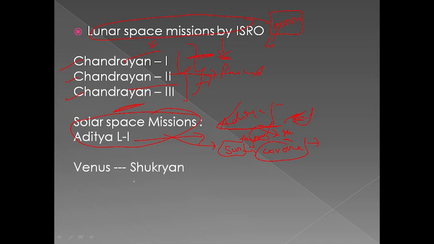And one of the missions ISRO is planning is Shukrayaan, which is planned by ISRO itself, in order to study the planet Venus.